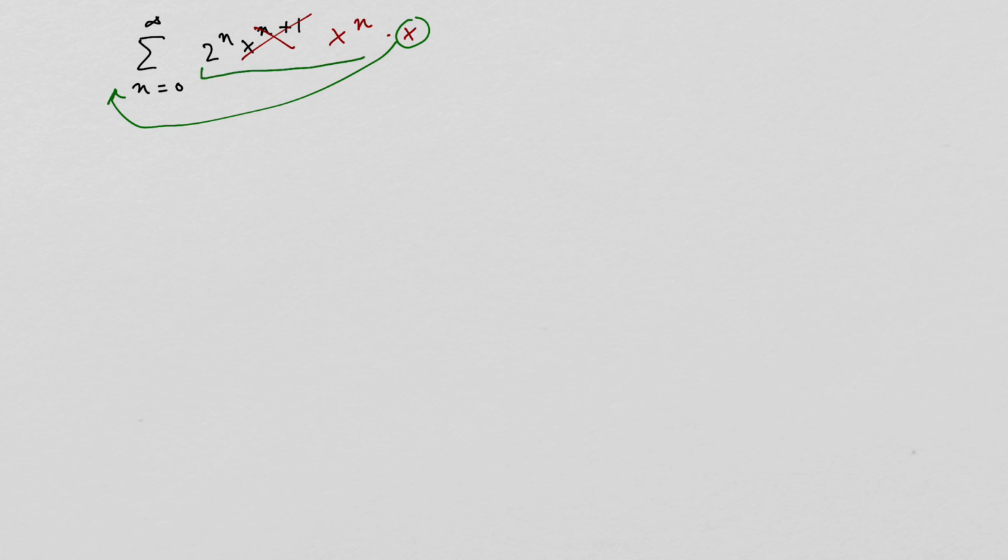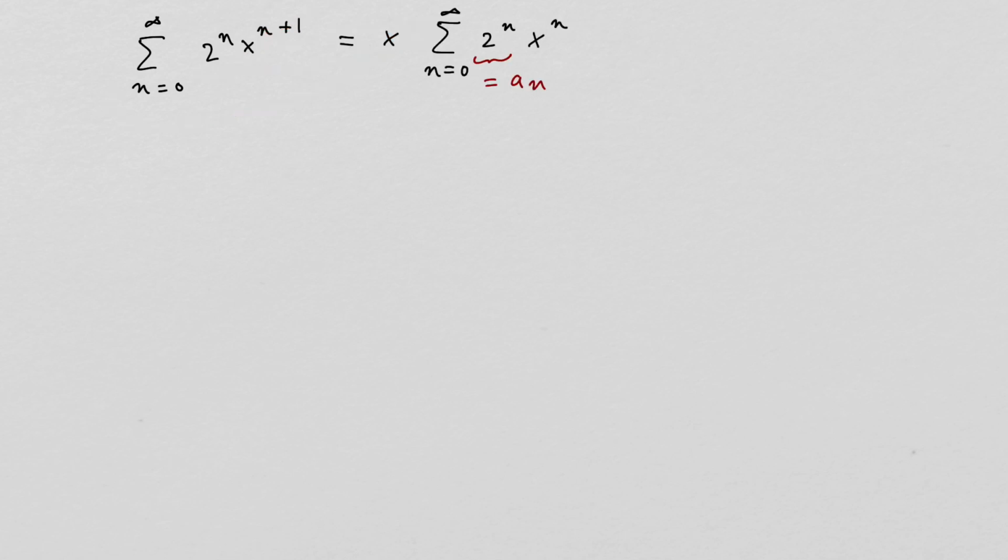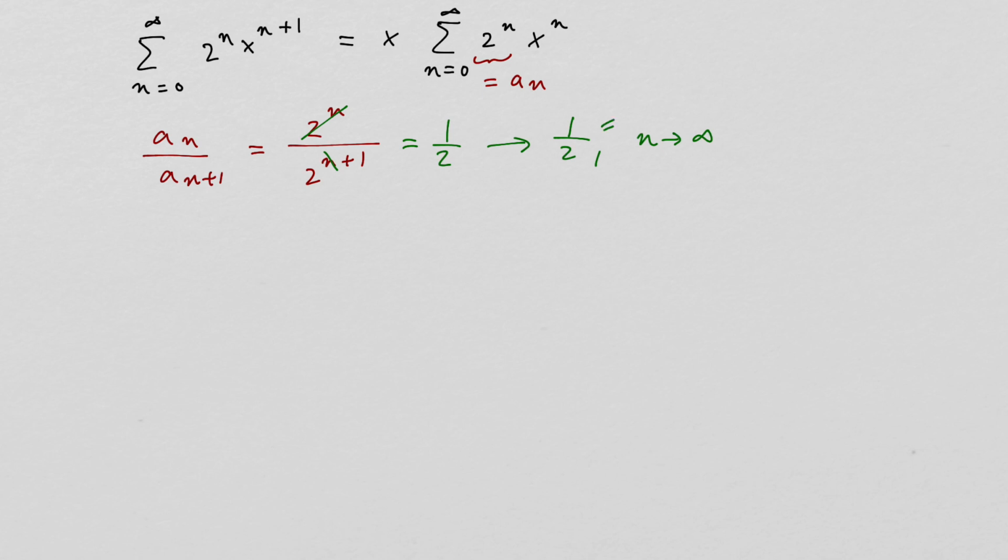Now the general term is in the standard form. a_n divided by a_(n+1) is now 2 to power n divided by 2 to power n plus 1. We can cancel out most of the things and we will obtain 1/2. So our radius of convergence is 1/2.